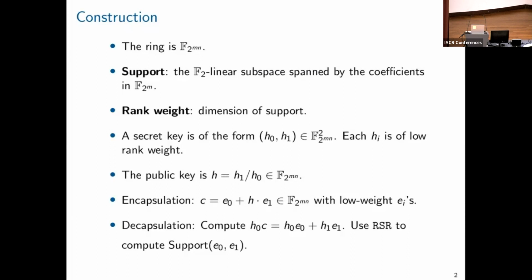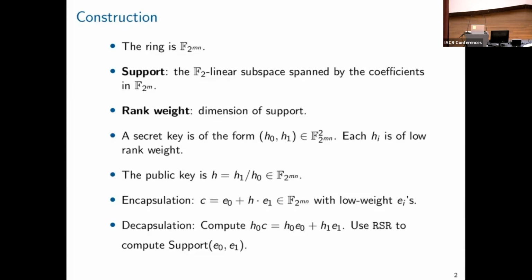This is called the support of the element. You can then consider the rank weight of the element, which is just the dimension of the support. Each secret key of Rollo is of the form (H0, H1), which has low rank weight, and the public key is the ratio between H1 and H0.